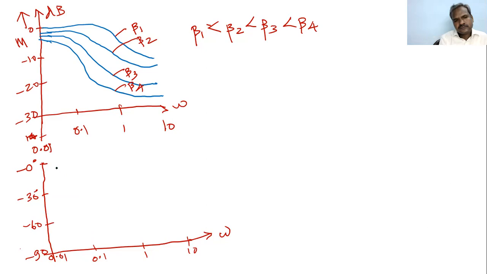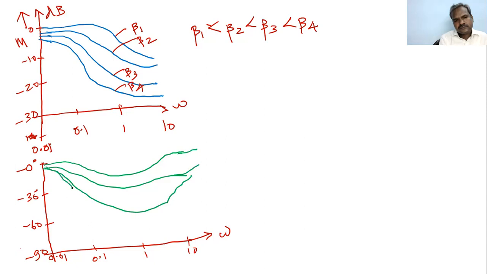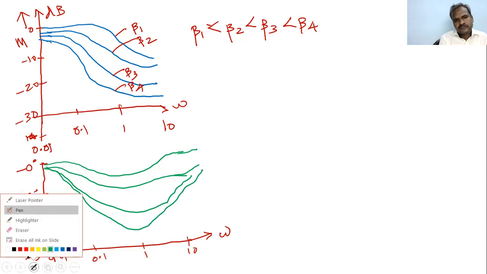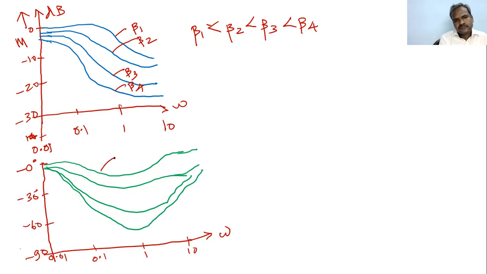So in the phase plot, this is beta 1, beta 2, beta 3, beta 4.